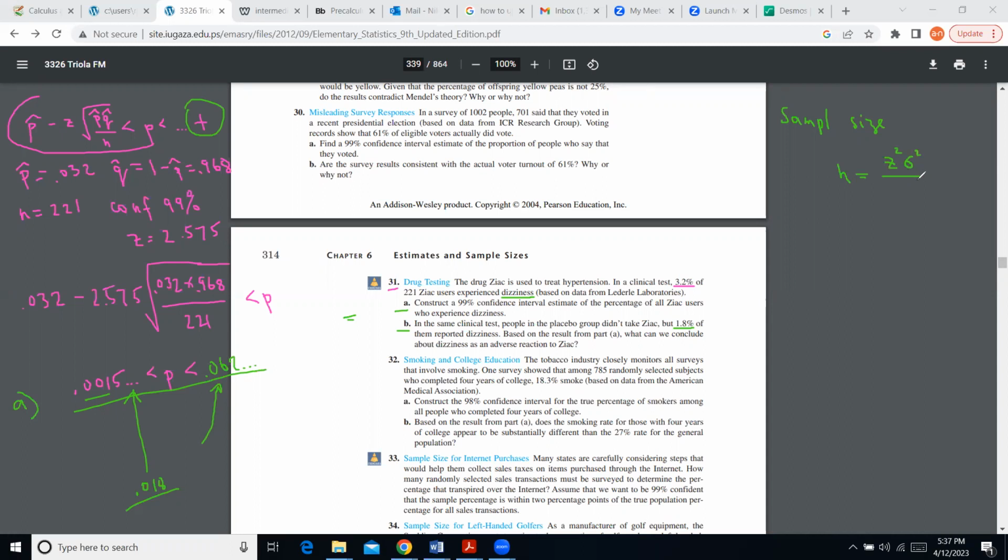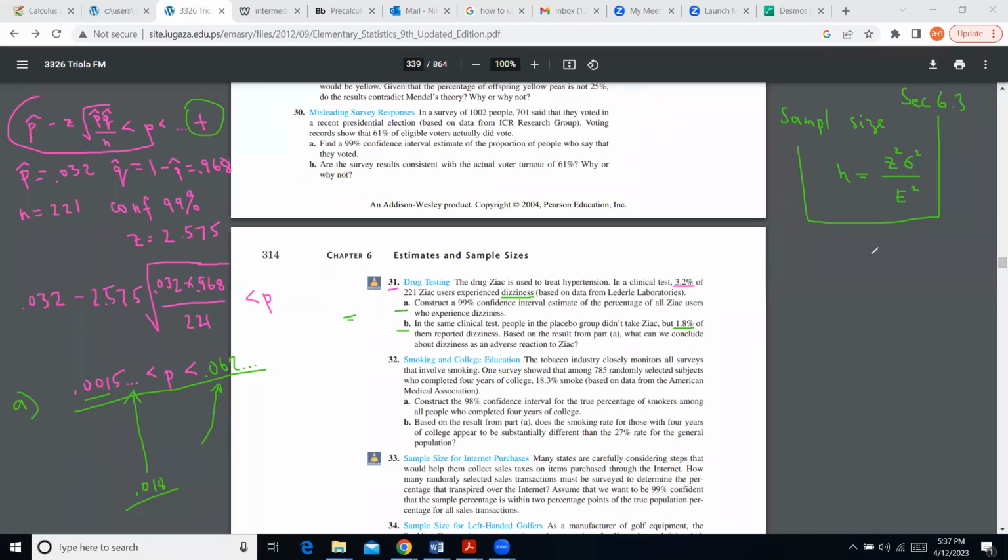So it was z squared sigma squared divided by the square of the error. Remember, we had that formula for finding the sample size to start studying, and that was in section 6.3.